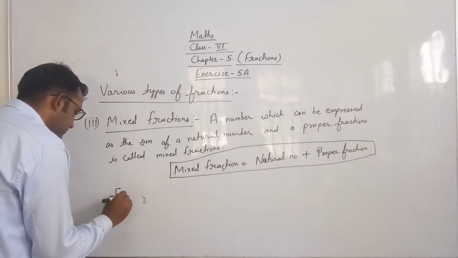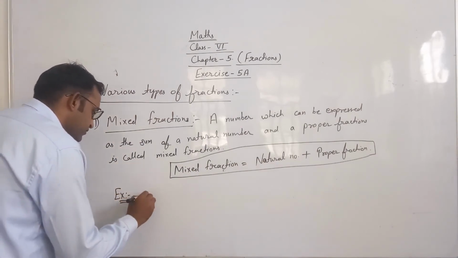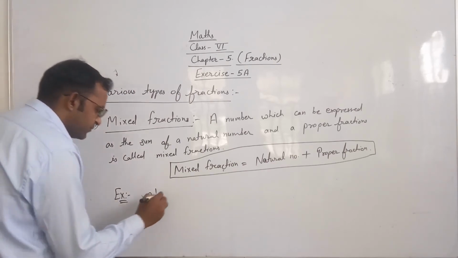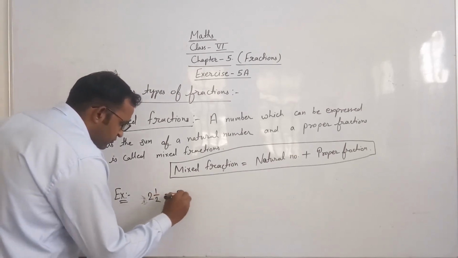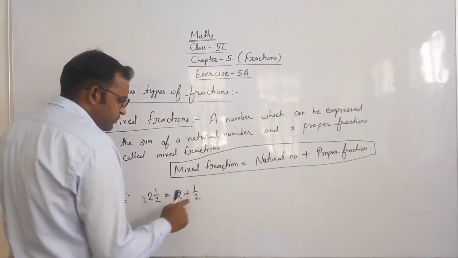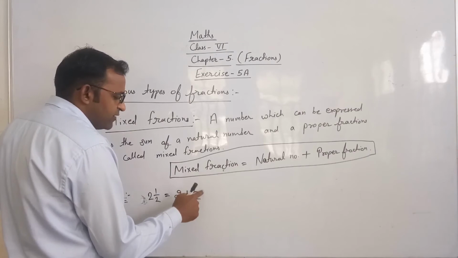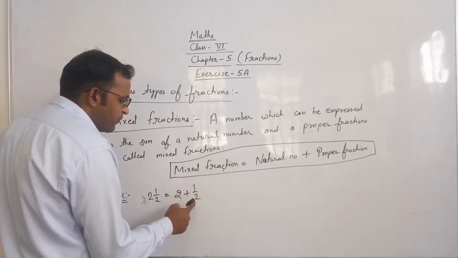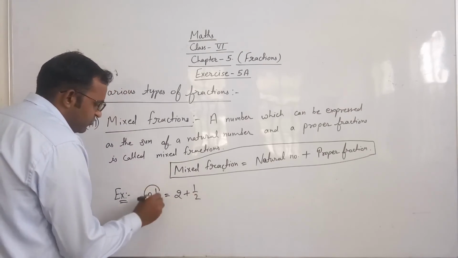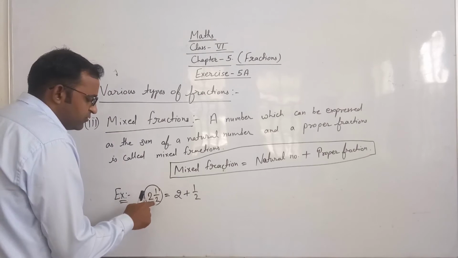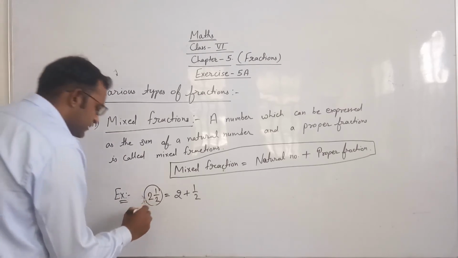For example, 2 and 1 upon 2. So 2 is a natural number, 2 plus 1 upon 2. Okay. So 2 is a natural number plus 1 upon 2, and 1 upon 2 is a proper fraction. So natural number plus proper fraction is called mixed fraction. So 2 and 1 upon 2 is a mixed fraction.